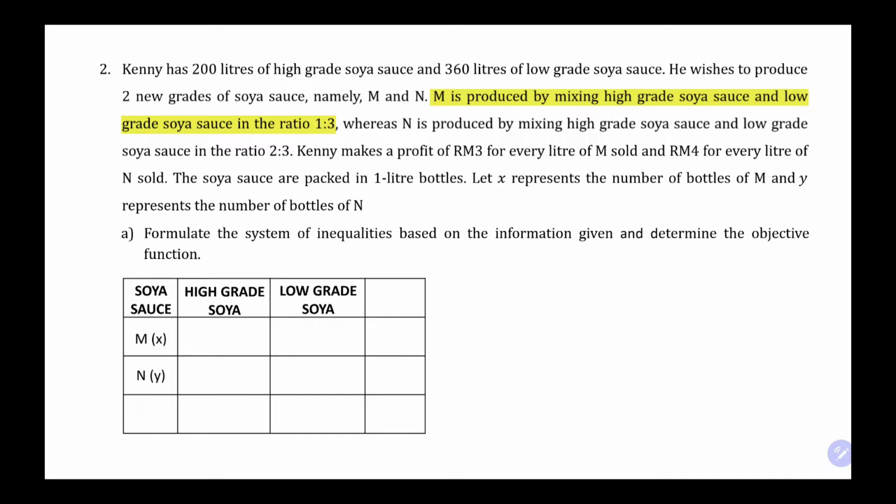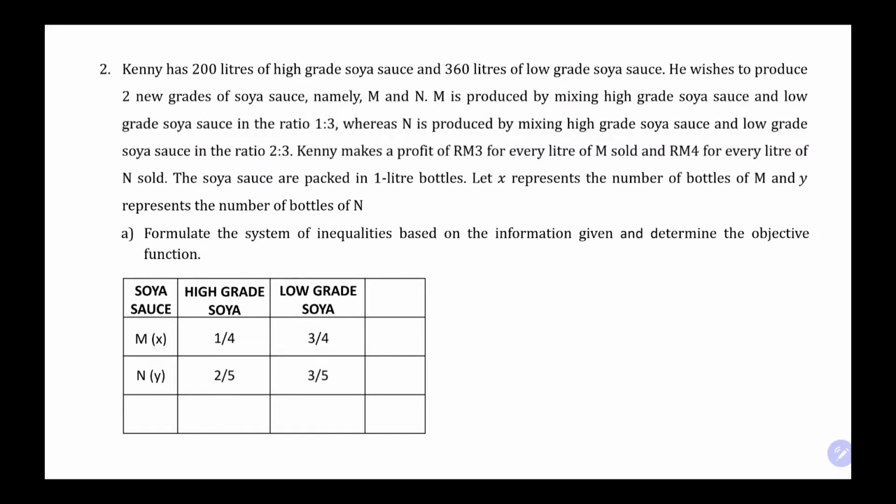So, the total is 4, which comes from 1 plus 3. High grade soya is 1/4 and low grade soya is 3/4. And bottles N produced in the ratio 2:3, so the total is 5. For high grade soya we have 2/5 and low grade soya we have 3/5.